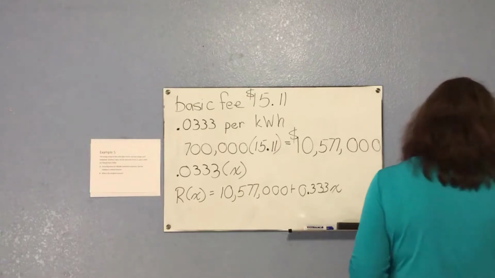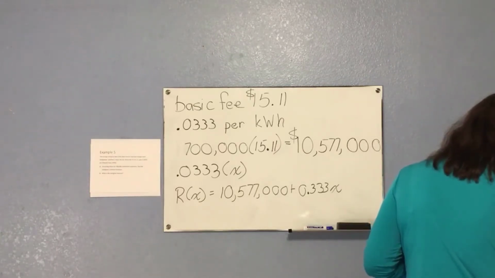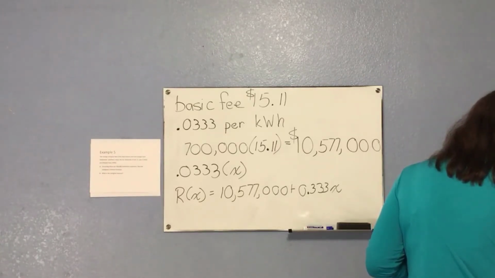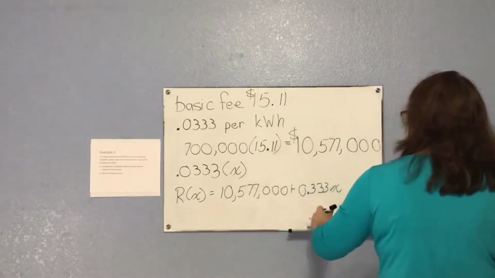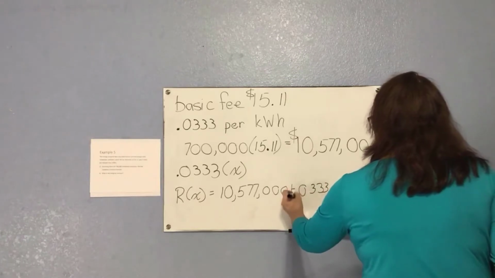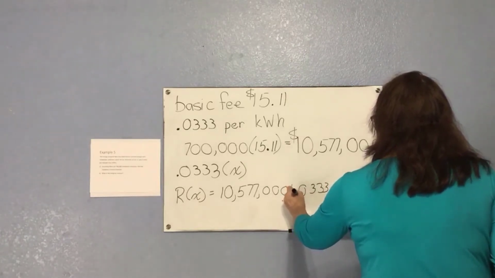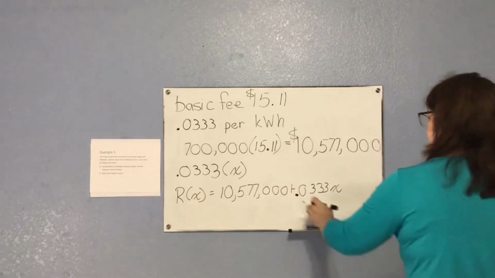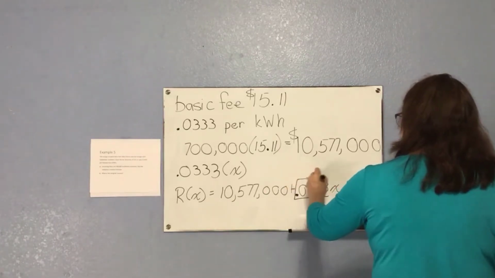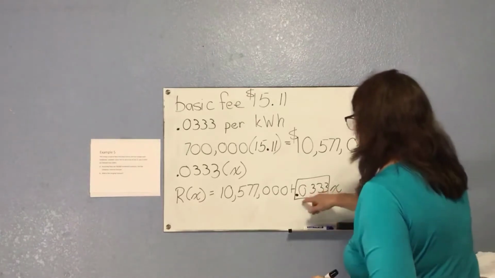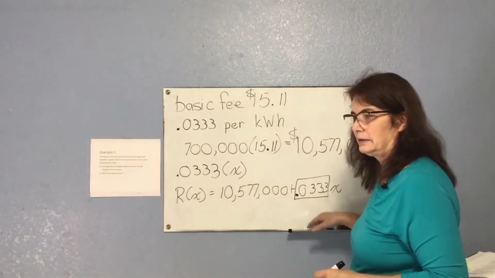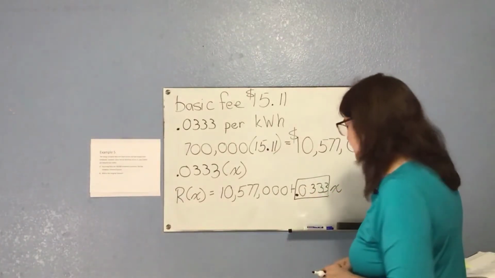Okay, what's the marginal revenue? The marginal revenue, again, is the rate at which this function is changing. Put the decimal point in the right place. And so this is the marginal revenue. Every kilowatt hour basically is going to give the company 3 1/3 more cents.